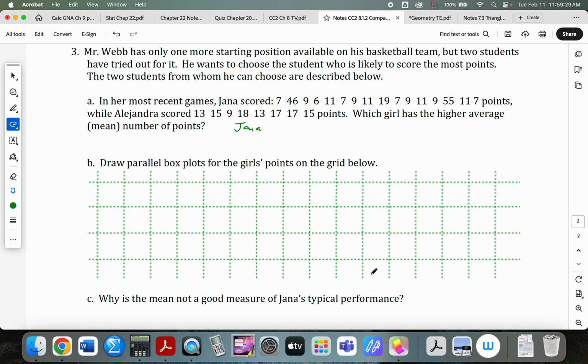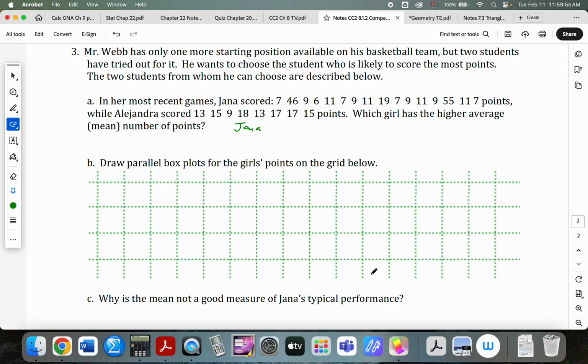That's fine. We don't have the average done yet. We don't have to average it. That's not what we're doing.